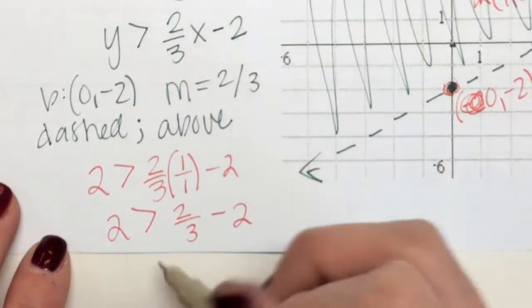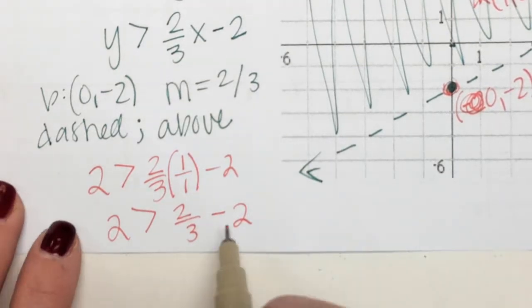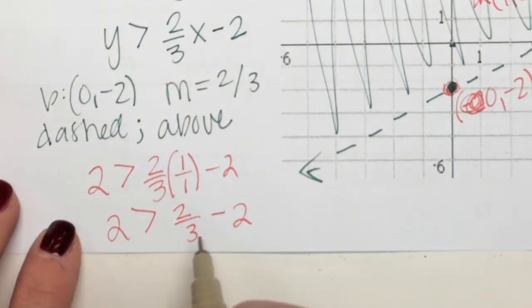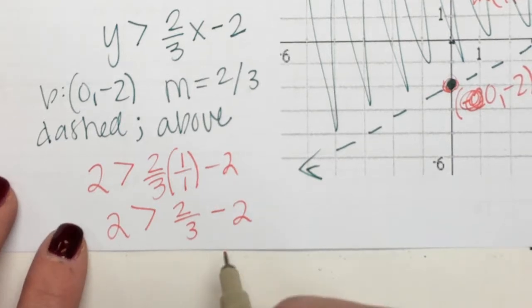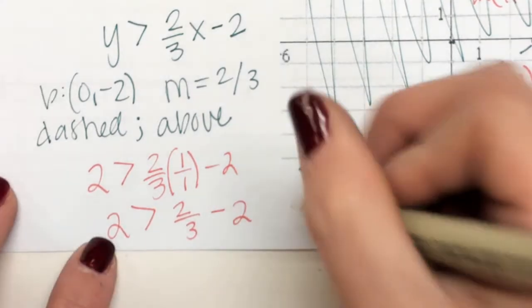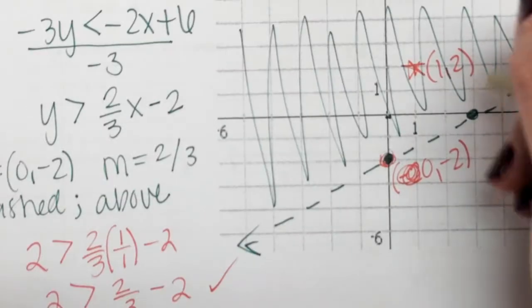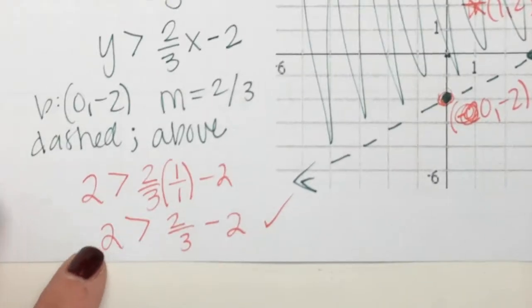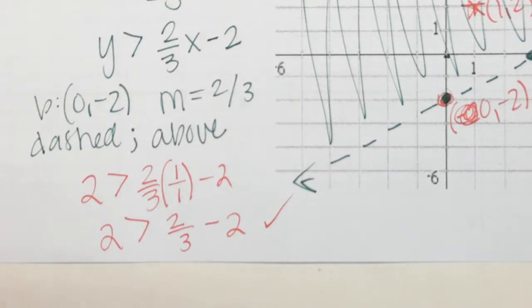And we really don't have to know what this is. It's going to be what kind of number right here? Not just a fraction, a negative. And is 2 greater than a negative number? Yes. That's why it's shaded in up here. Does that make sense? Okay. Questions about that?